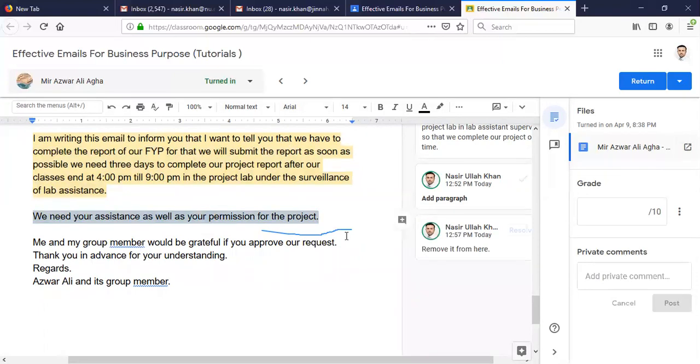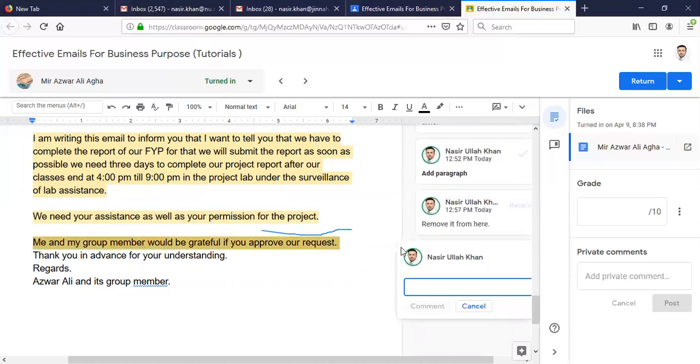And then you're saying me and my group. Remember one thing: we never say me here. Me is the objective case of I. Rather, you could have started with we all group members. What do you mean by me and my group member?